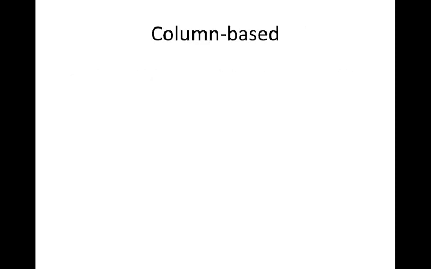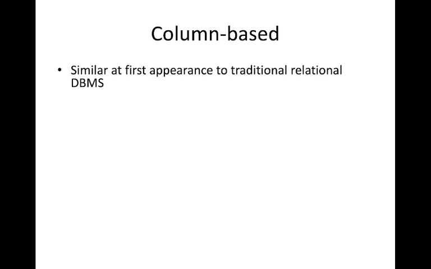Then the second type of database is the column-based database. Here, a column-oriented database works on columns, and it is mainly used in Bigtable, mainly used in Google. It is column-based, so every column will be treated separately.